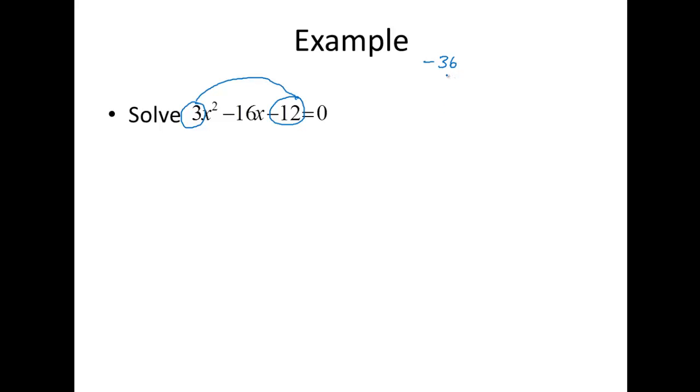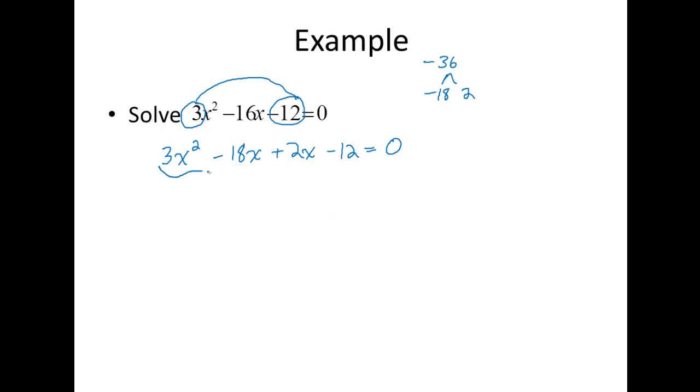I need two numbers that multiply to give me negative 36, but add up to negative 16. Negative 18 and 2 will work. So I'm going to rewrite that minus 16x as minus 18x plus 2x minus 12 equals 0.